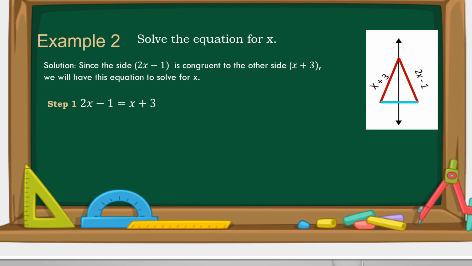Step 1. 2x minus 1 is equal to x plus 3. So let us apply the addition property of equality, or APE, which means we are going to add 1 to both sides of the equation. And the result is 2x equals x plus 4.